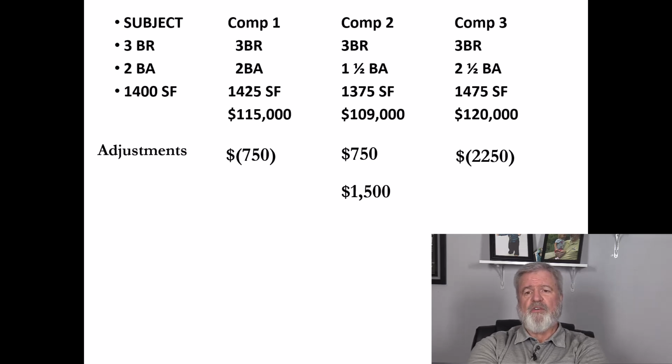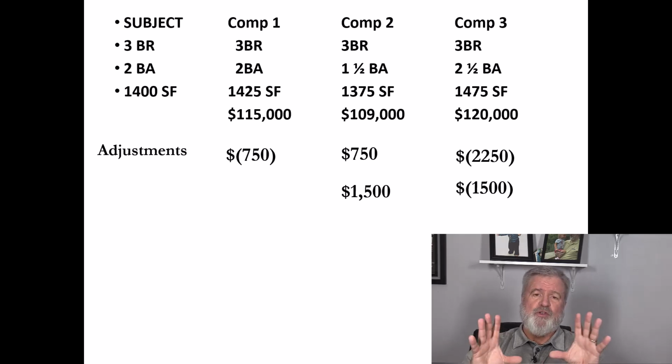But then if I go over to comp 3, again, we've got a half bath difference, but this time, comp 3 has more bathrooms than the subject. And again, we know a half bath, we've already said, is $1,500. And because comp 3 has more than the subject, we must subtract. So I'm going to subtract $1,500 from comp 3.